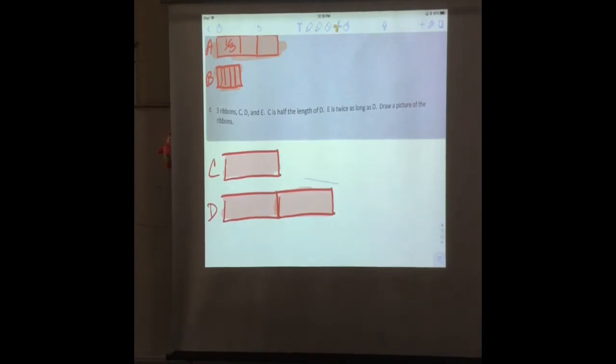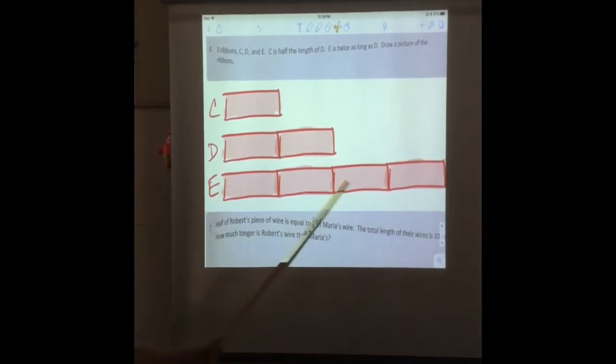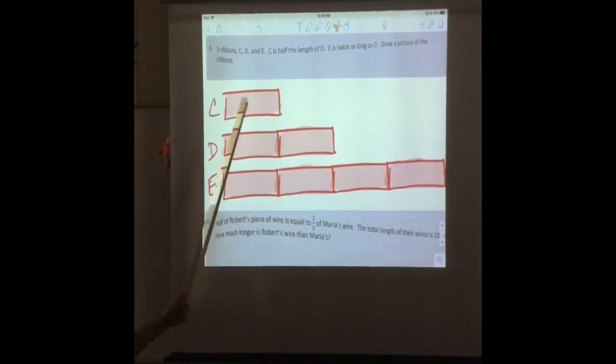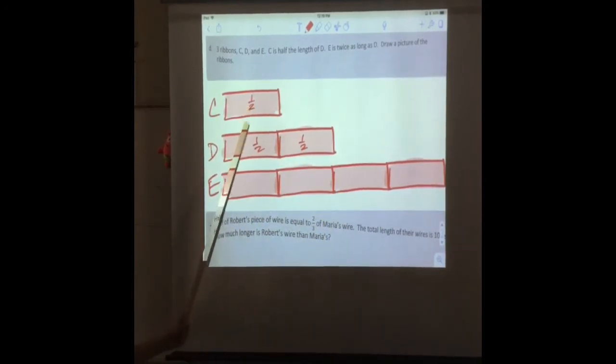So I'm going to copy and paste. Now I need to do what? Make one more copy of that. And E is now twice as long as D. And C is half of D, right? So we could say, if we were adding them all together, we could say we have 1, 2, 3, 4, 5, 6, 7.